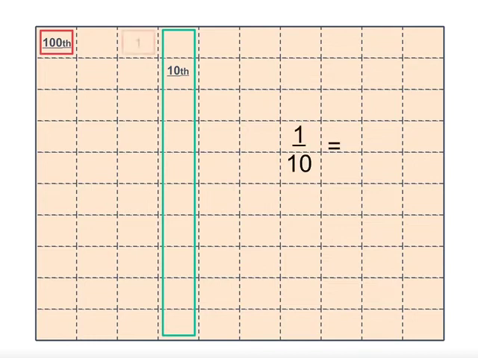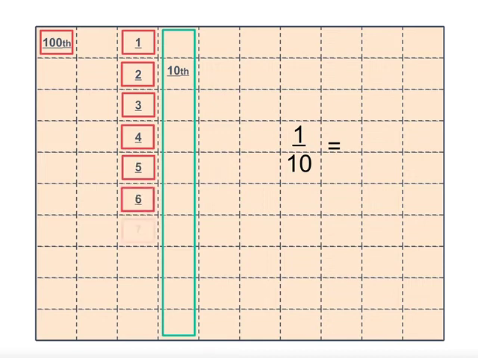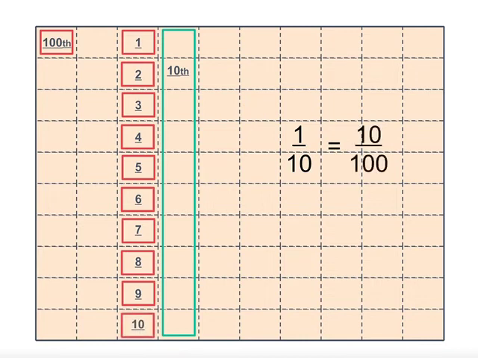Let's look. 1, 2, 3, 4, 5, 6, 7, 8, 9, 10. So 10 hundredths is the same as 1/10. You can see drawing it on the diagram, it's easier to see equivalent fractions.